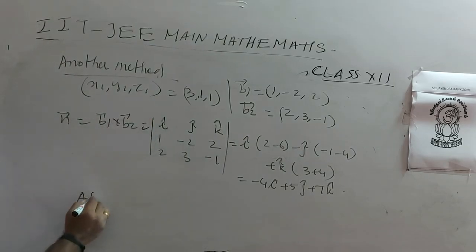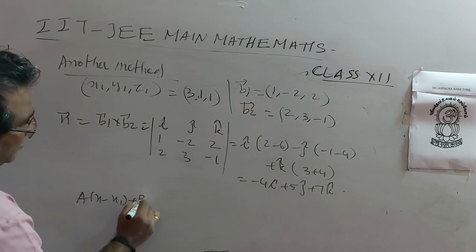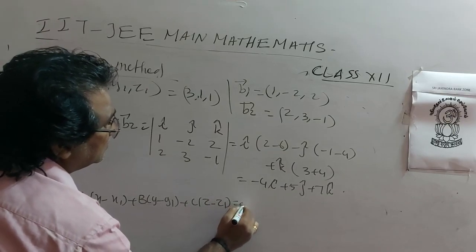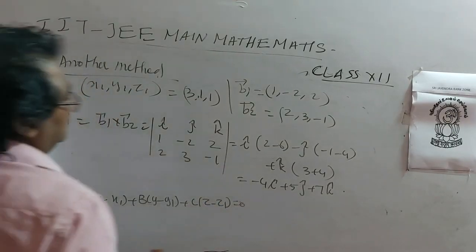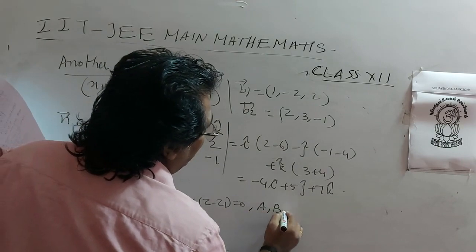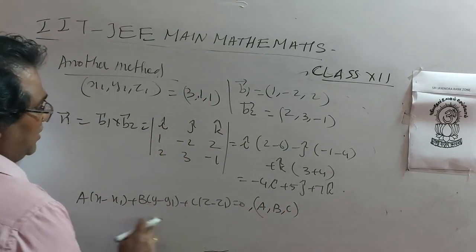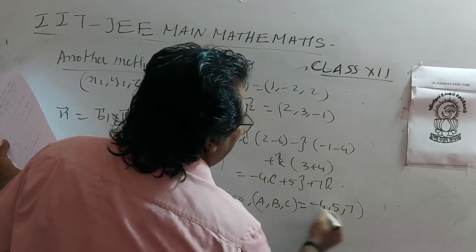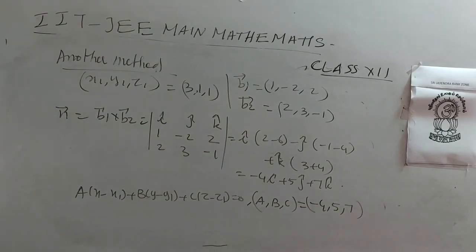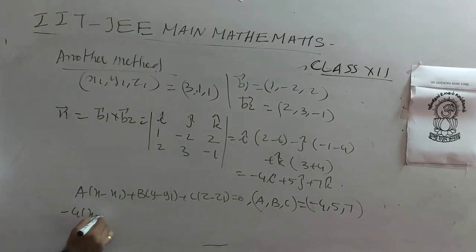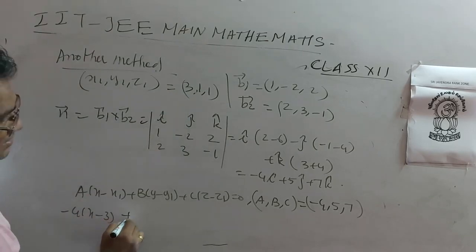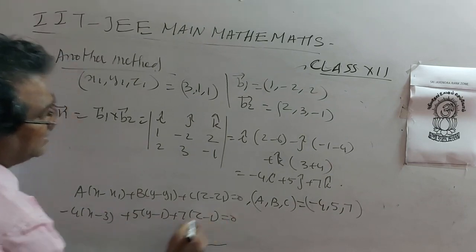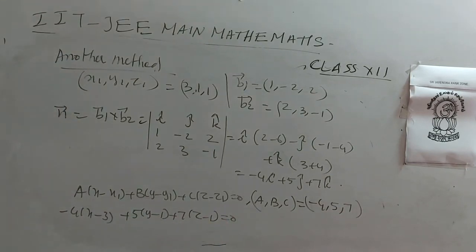Therefore the plane equation is a into (x minus x1) plus b into (y minus y1) plus c into (z minus z1) equal to 0, where a, b, c is the direction of the normal. That is, you should take minus 4, 5, 7. So minus 4 into (x minus 3) plus 5 into (y minus 1) plus 7 into (z minus 1) equal to 0.